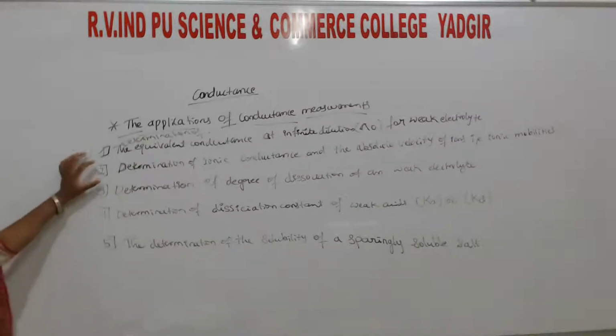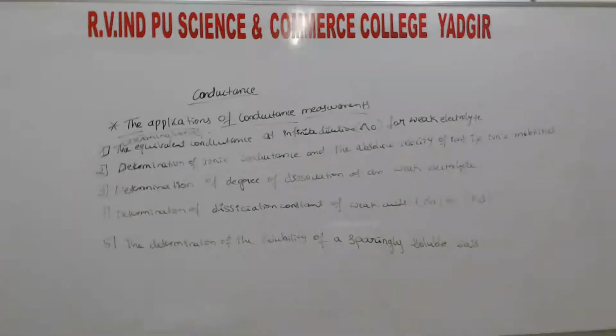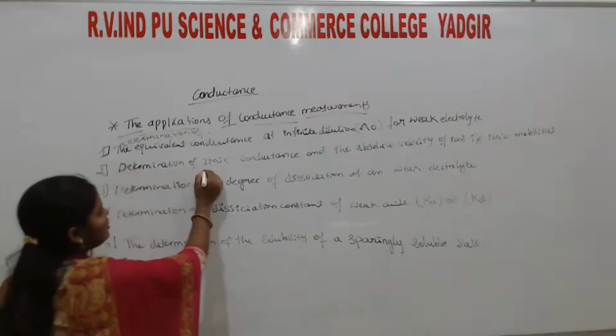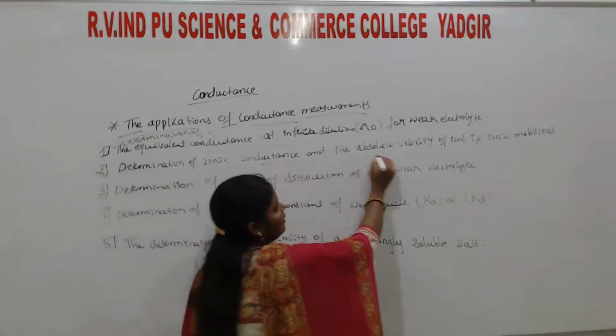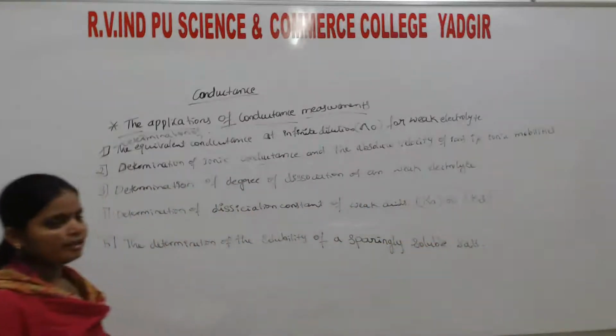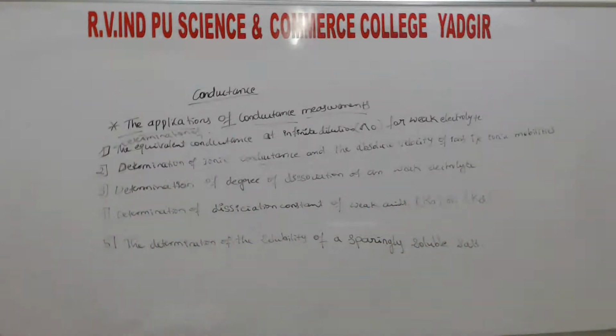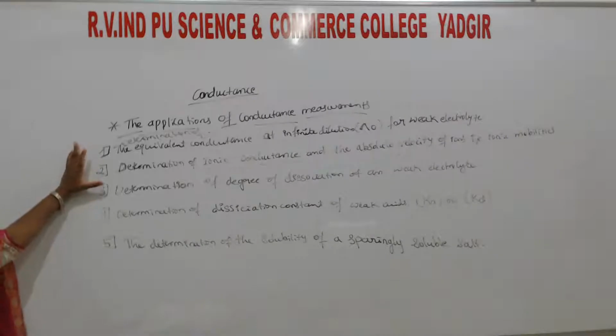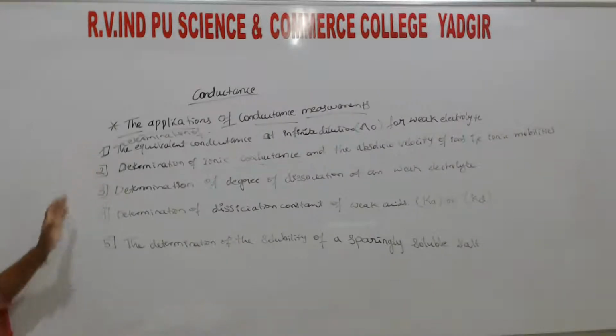And second one, determination of ionic conductance. I also discussed the determination of ionic conductance and absolute velocity of ion, that is ionic mobility, and the relation between them.